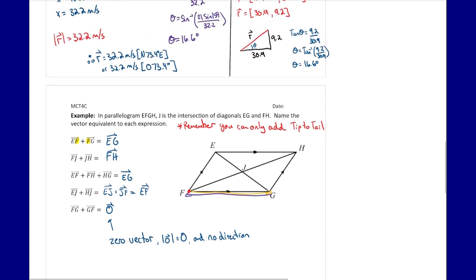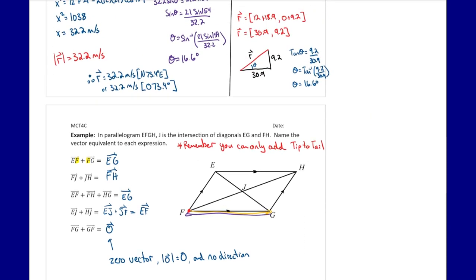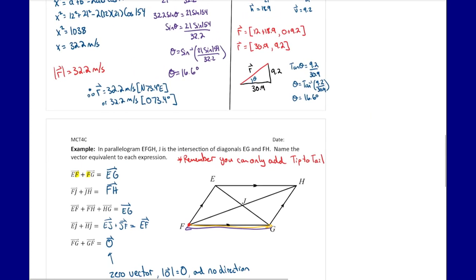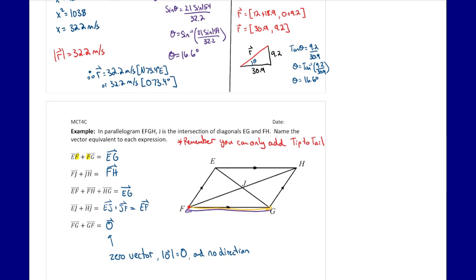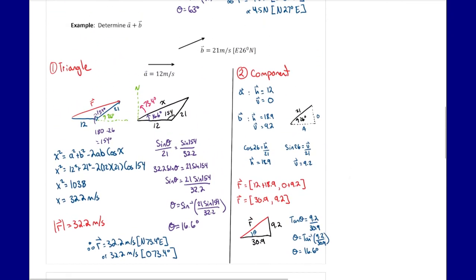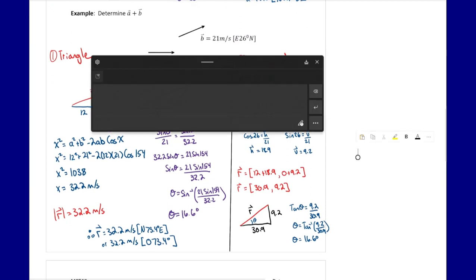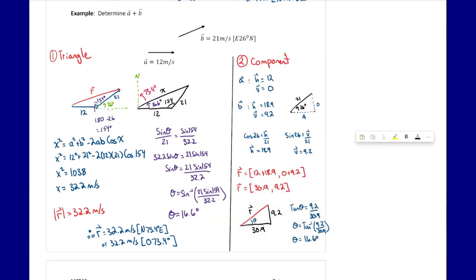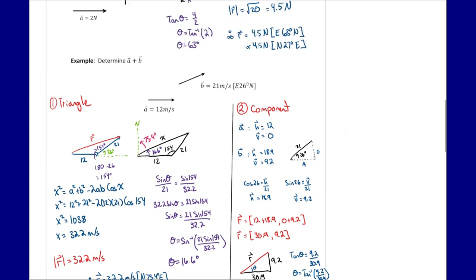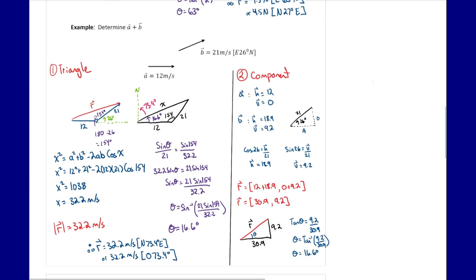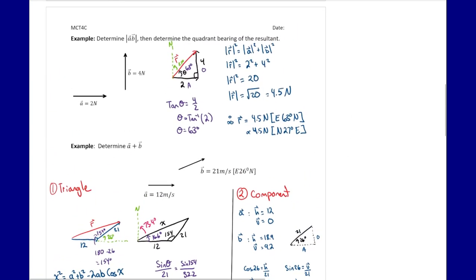So the main thing from this is looking at how we can add vectors in different ways. Geometrically, just with the shapes, using the triangle method or the component method to add them together, which will allow us to determine the magnitude and the coordinates, or the bearing. We'll see one more of the triangle and the component method, or a more standard one.